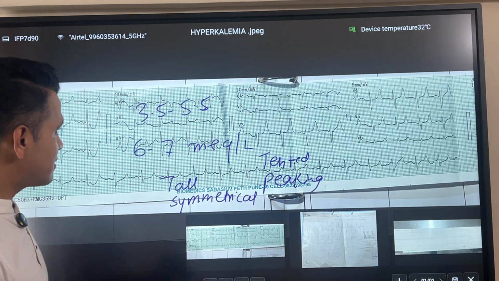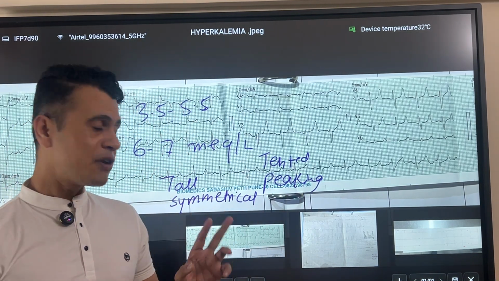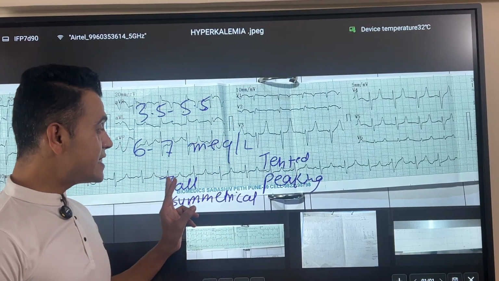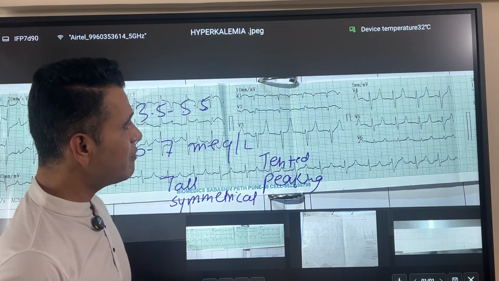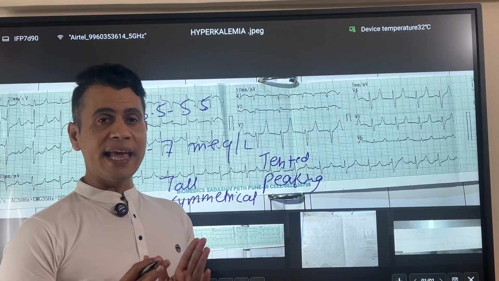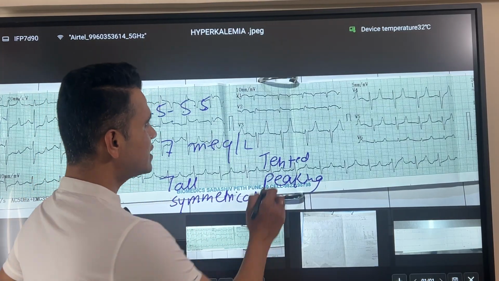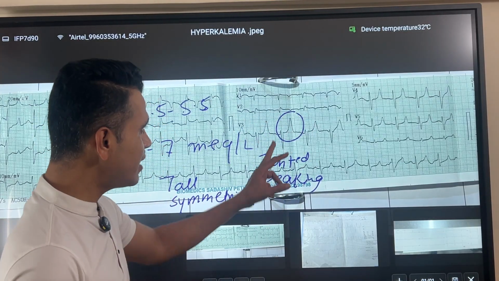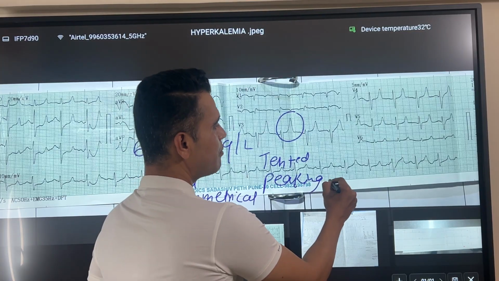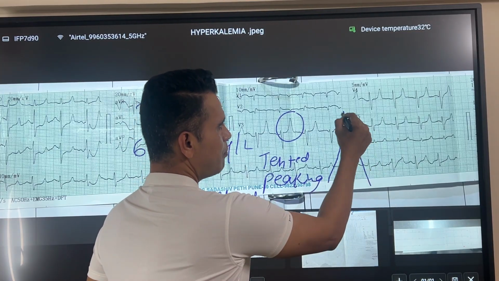What this means is, whenever the potassium is between 6 and 7, we get a very tall, symmetrical, tented, peaking T wave. Peaking means the T wave will be like an arrow. Just see this. This is the perfect T wave of hyperkalemia. It is tenting. Tenting means it is sharp. The tip is sharp.